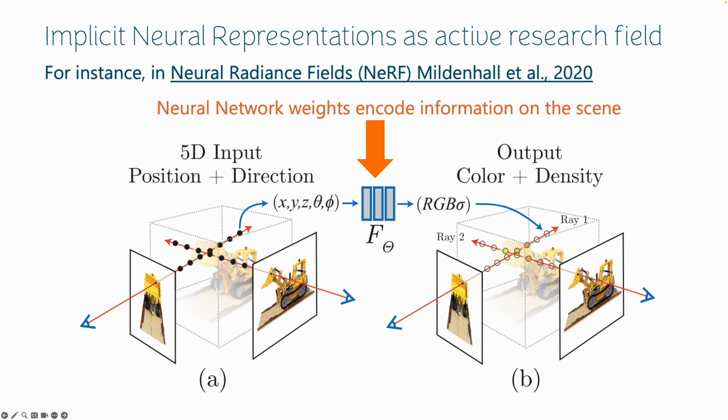And what is this neural network doing? It takes the coordinates, so a position and a direction of this light ray, as input, and it outputs the RGB and the density along this light ray. And the crucial part, after you train it on various images from the scene, is that the information from this 3D scene is then stored in the weights of this neural network. That's why it's an implicit neural representation.